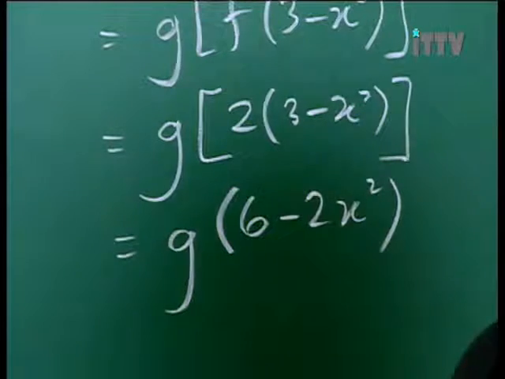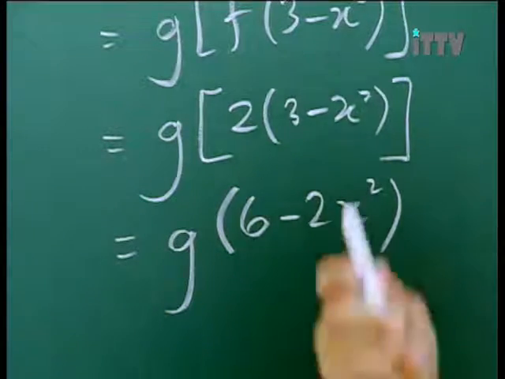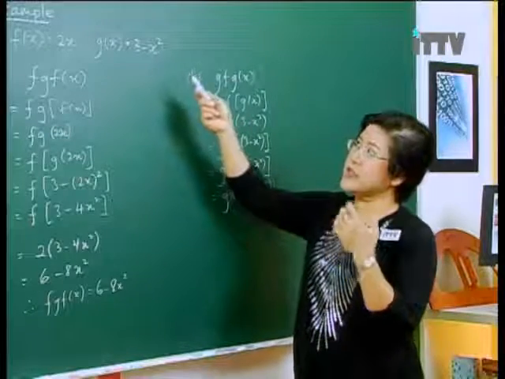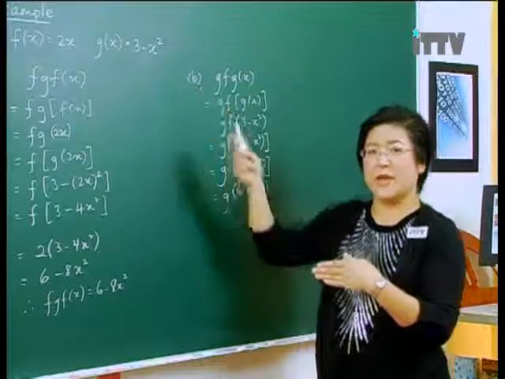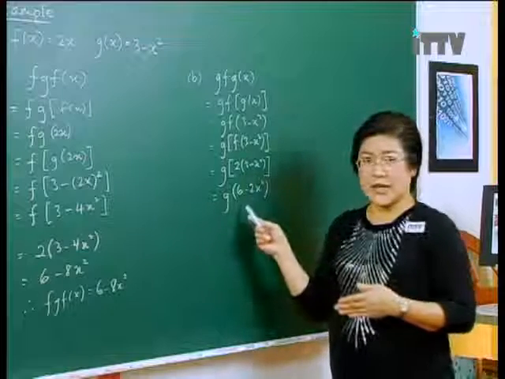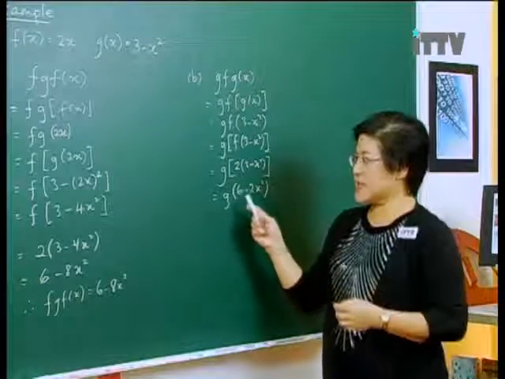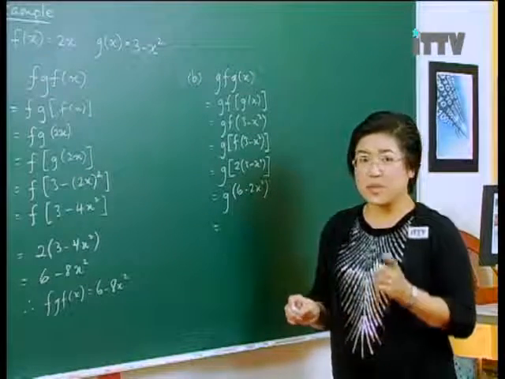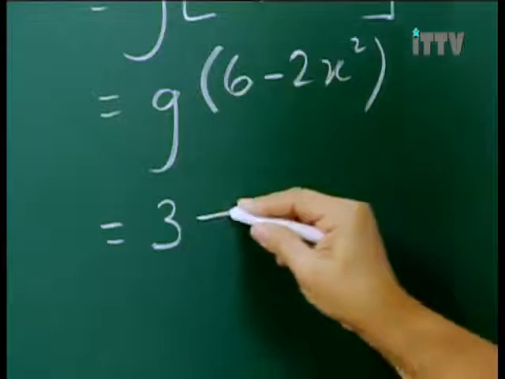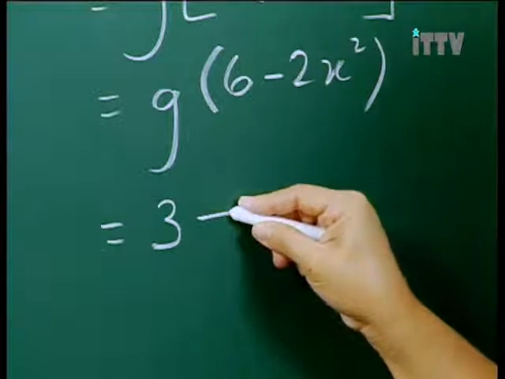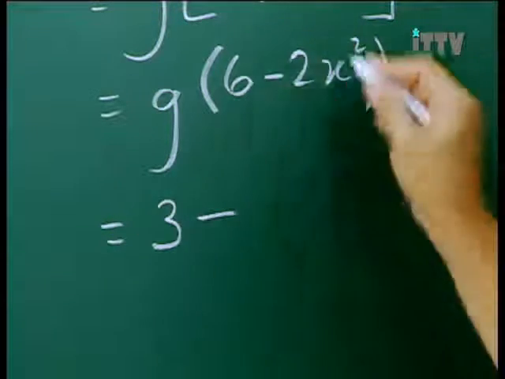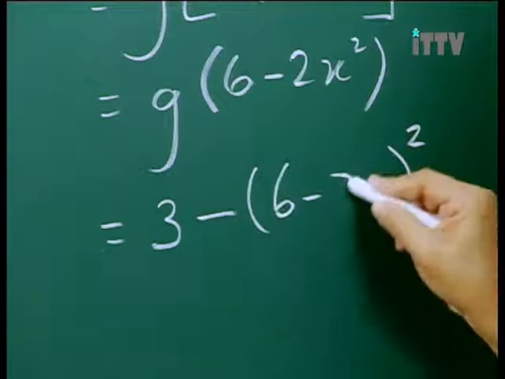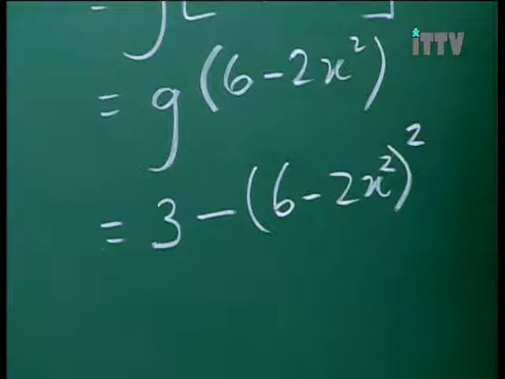So what does the function g do? The function g changes an object x into 3 minus x squared. And to this function g this time, its object is 6 minus 2x squared. So we should apply 6 minus 2x squared in there, as 3 minus its object squared.